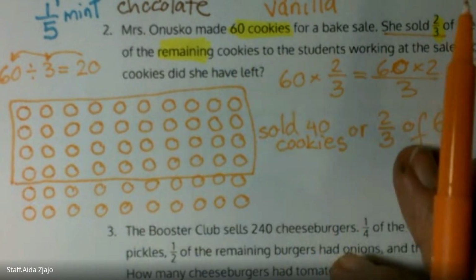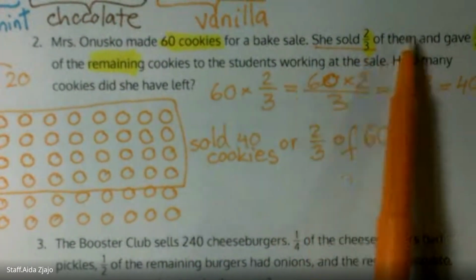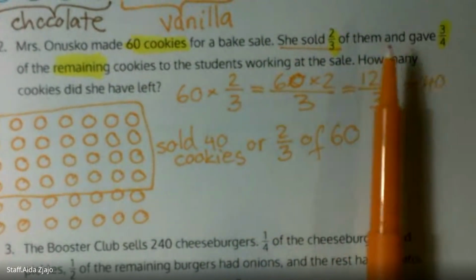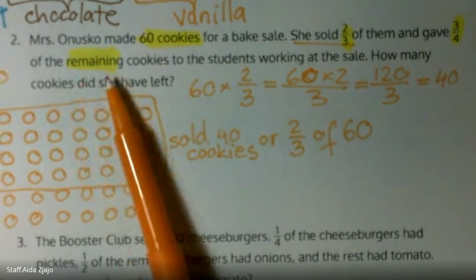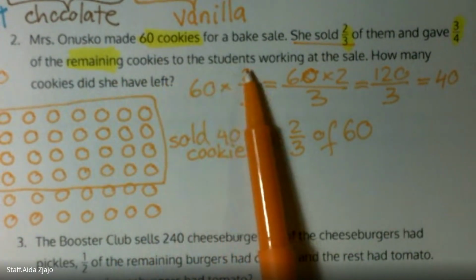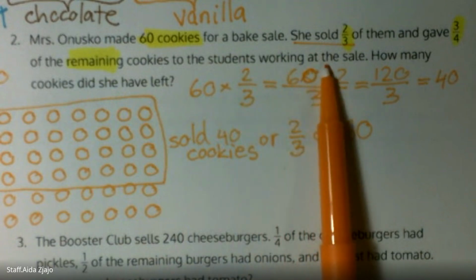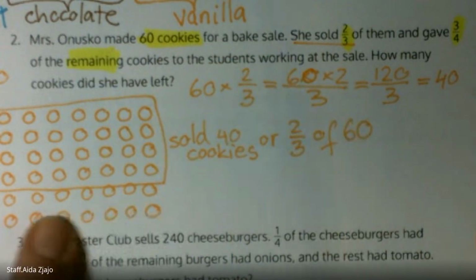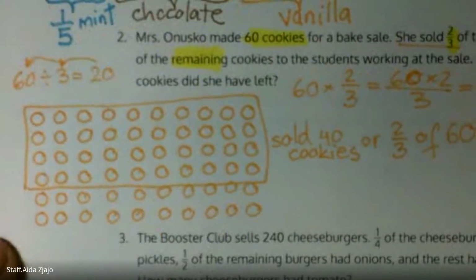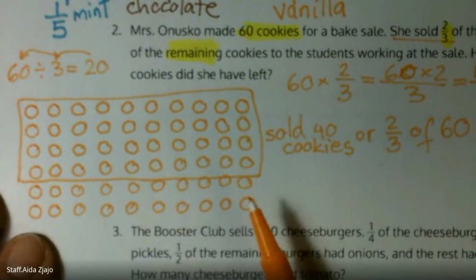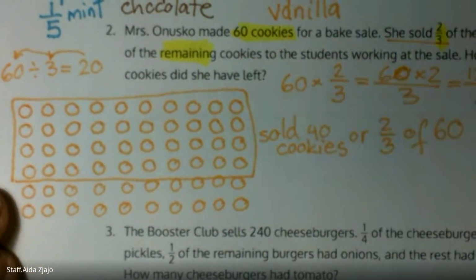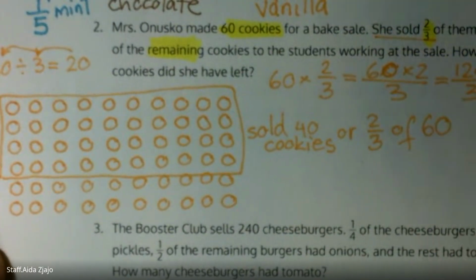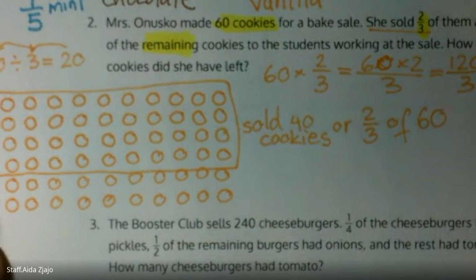Now the story says she then gave 3/4 of the remaining cookies to the students working at the sale. So this was a leftover, but 3/4 of that has to go to the students who were helping.